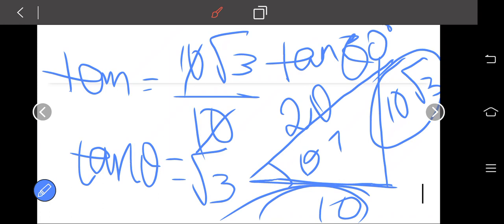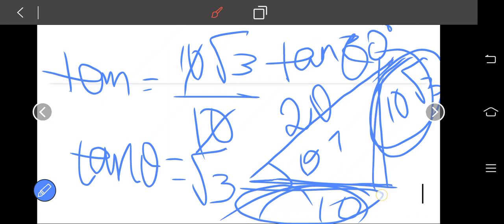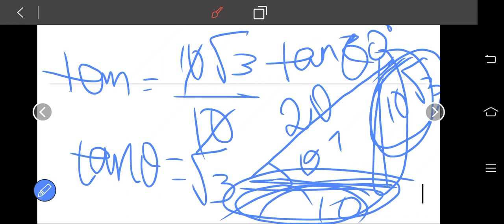This is theta, adjacent to theta is given in the question, and opposite to theta is also given in the question. That is the reason you are using tan theta only. If they give you the hypotenuse and the opposite to theta, then you have to use sine theta.